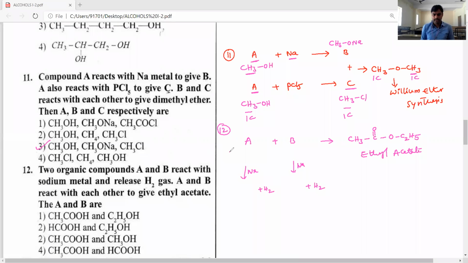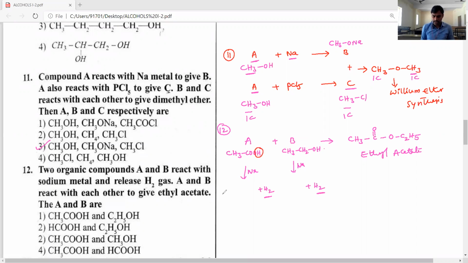So take CH3COOH, carboxylic acid, and CH3CH2OH, ethyl alcohol. Alcohols react with sodium metal and liberate hydrogen gas. Carboxylic acids react with sodium metal and liberate hydrogen gas, but carboxylic acids are more acidic.